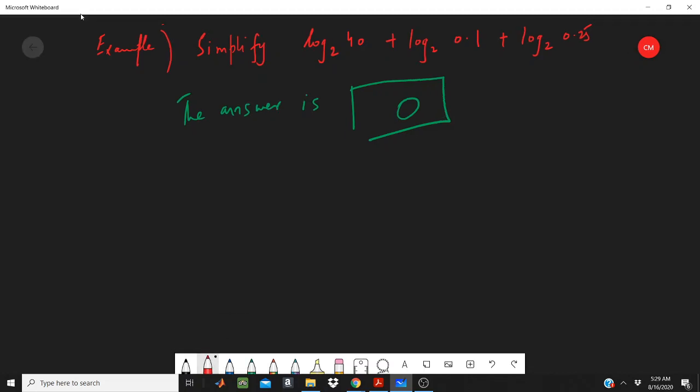Next we'll talk about the quotient law, law 3. Let me change the pen color to green. Law 3, which is called the quotient law, is exactly like the product law. It's just the product law with a minus sign, basically, when you have a quotient.